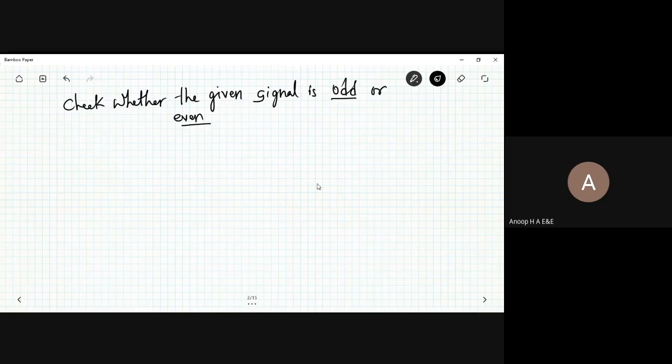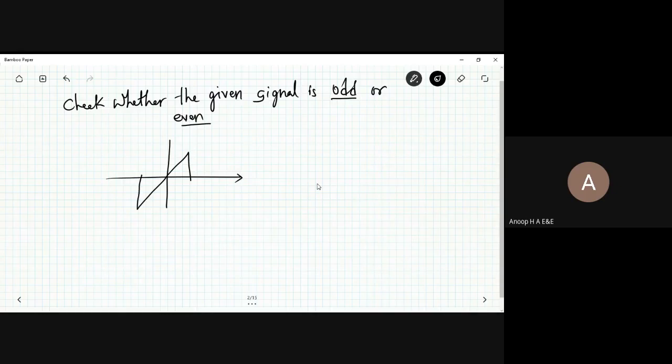What you need to observe when it comes to a signal being called odd or even is that the condition has to be satisfied clearly. So to satisfy the condition, let me write down this signal somewhat like this.